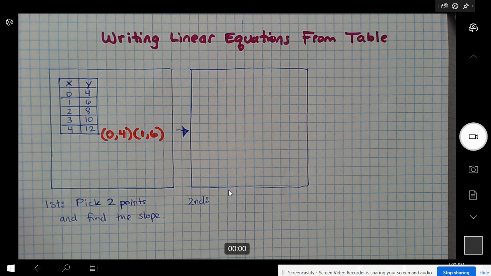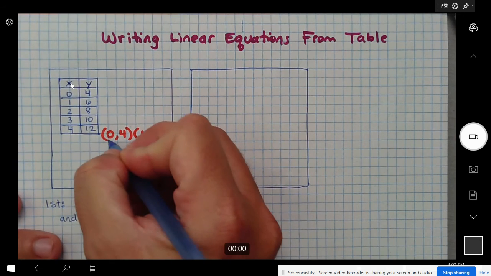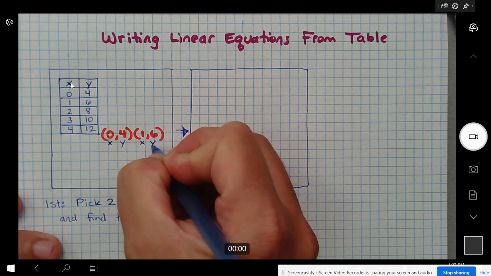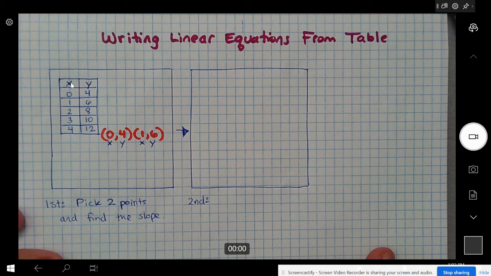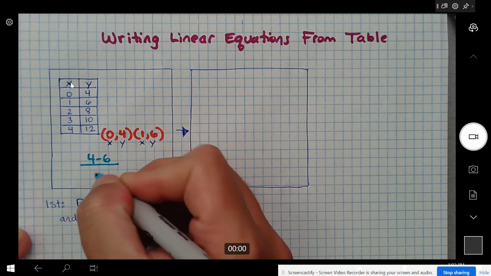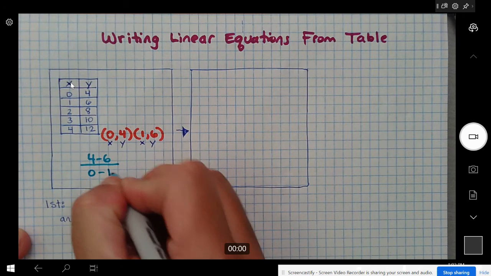So here we go. We're going to go ahead and label this properly, correct? We're going to go xy, xy, okay? And then as I set this up, it's going to be y minus y, x minus x.